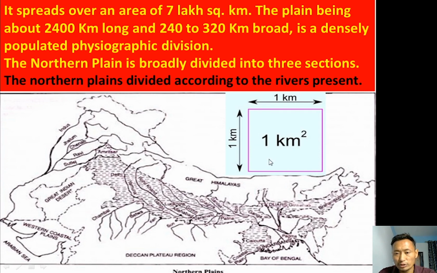The length of the northern plain from here to here is 2500 kilometers, and the average width of the northern plain is between 240 to 320 kilometers.